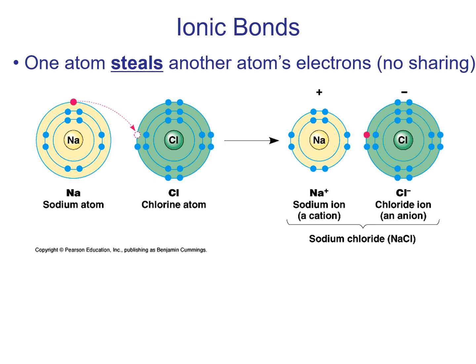It has 8 electrons in it. So after the electron is transferred from sodium to chlorine, we get two charged atoms. So we have sodium plus, and that's because we've got one more proton than we do electrons. And that sodium plus is known as a sodium ion.